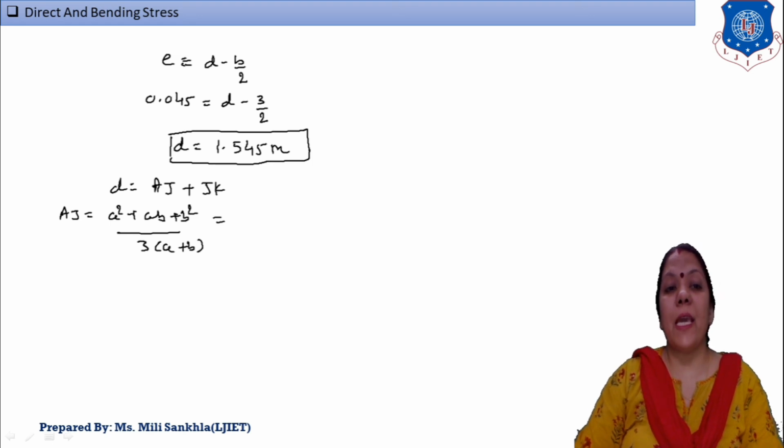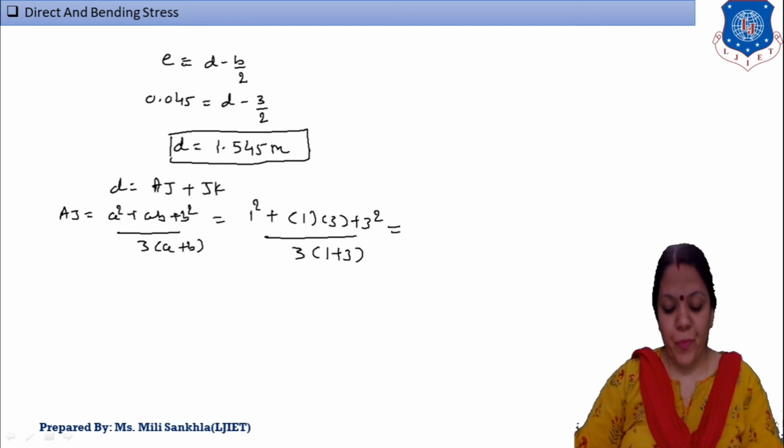Now A is given 1, so 1 square, then 1 into 3 meter plus 3 square, divided by 3 into (1 plus 3). Now my answer of AJ is equal to 1.083 meter.